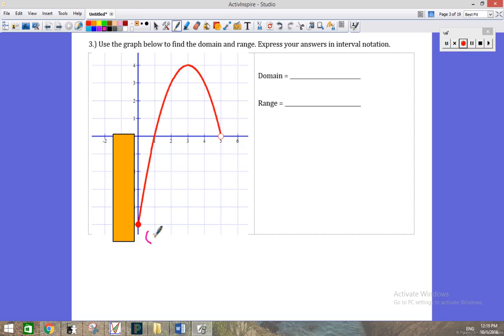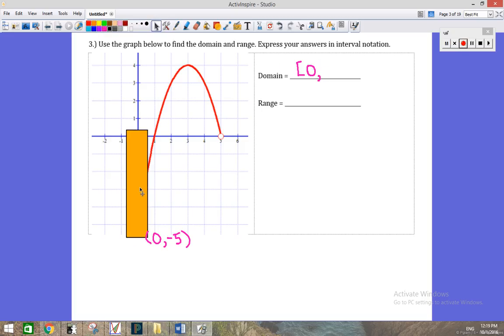So that point is at 0, -5. Yes, and it's a solid point. Oops. I want the x coordinate for the domain.